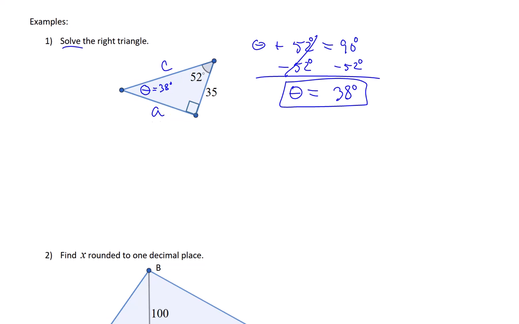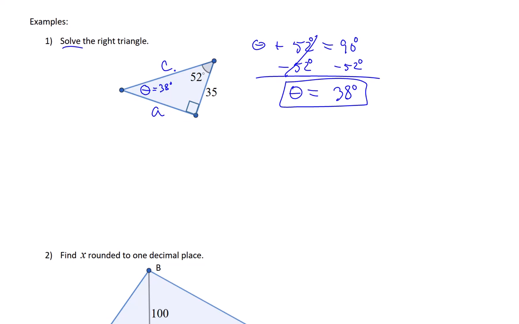Now, in order to find those, we have to use some kind of trigonometric ratio that we already know. And we can just recall SOHCAHTOA for that. We know the angle 38 and we know the angle 52, and really we could use either one of those in order to put together a trigonometric ratio.